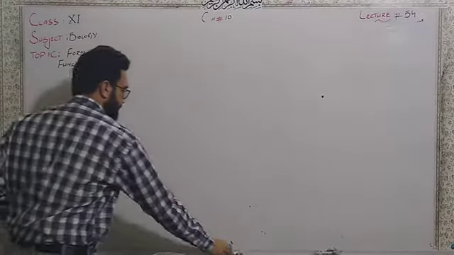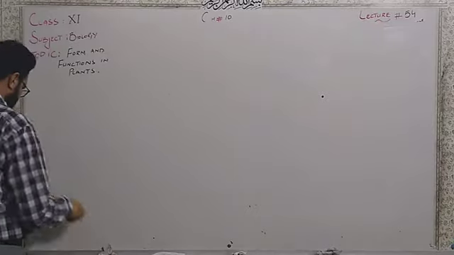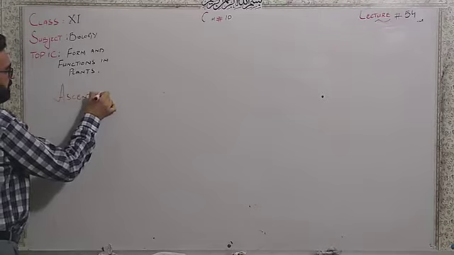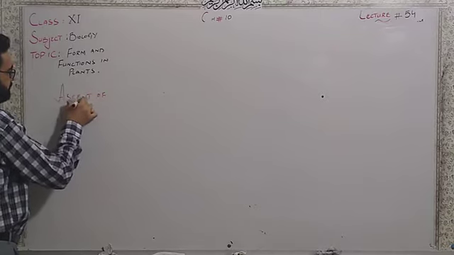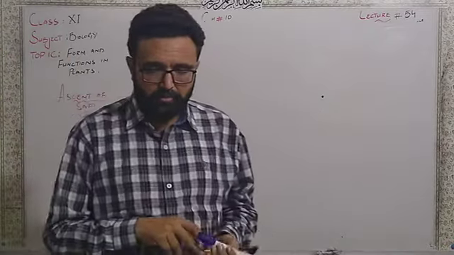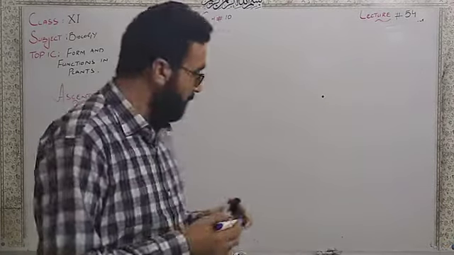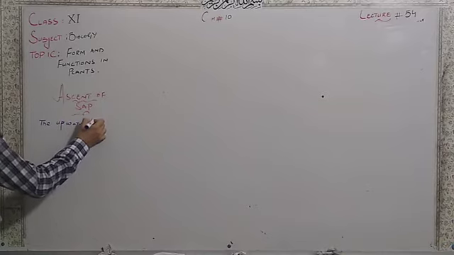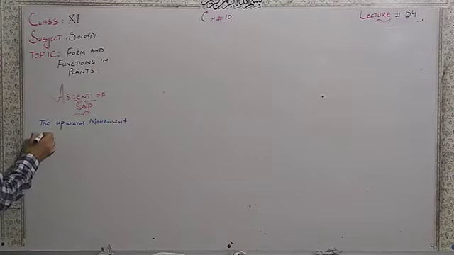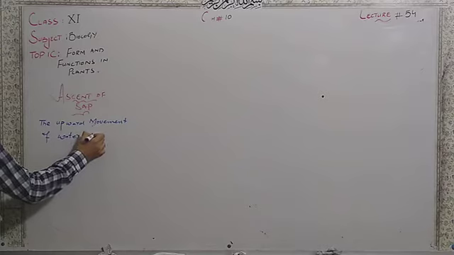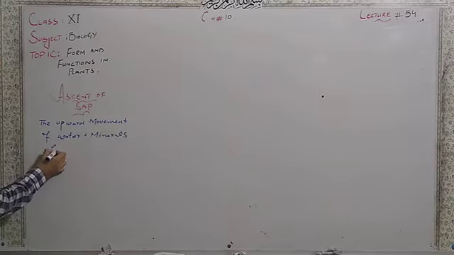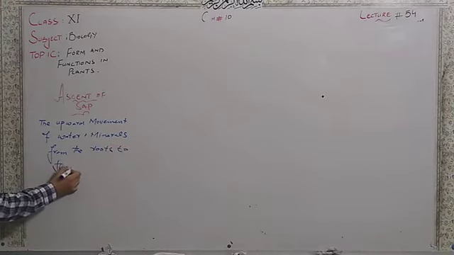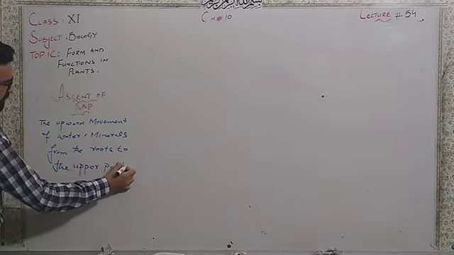The next topic is the ascent of sap. According to the definition of the ascent of sap, the upward movement of the water plus minerals from the root cells, from the roots to the upper parts like leaves.